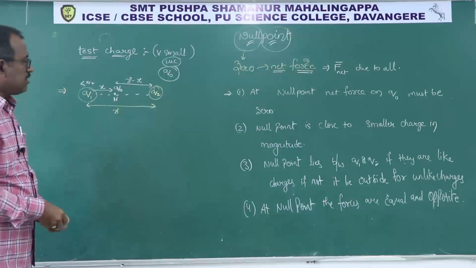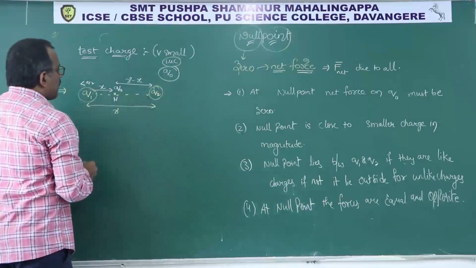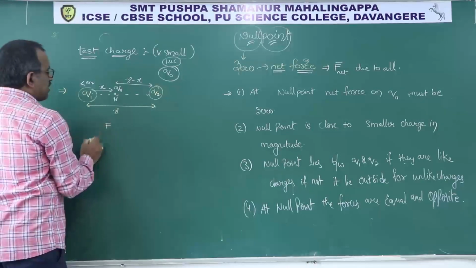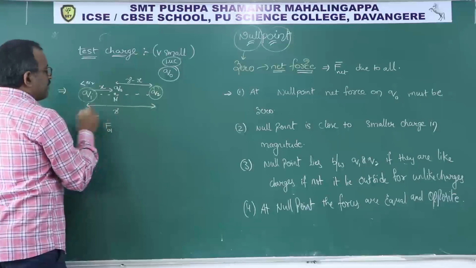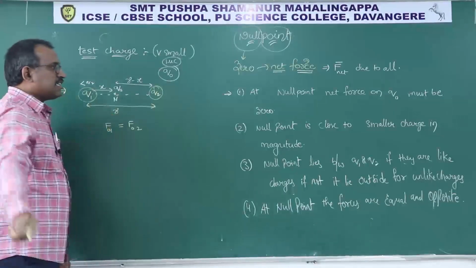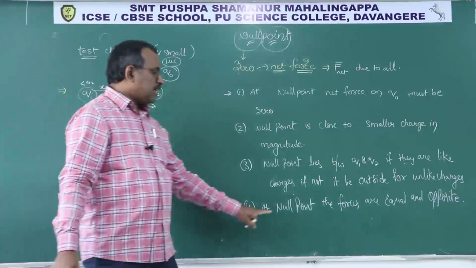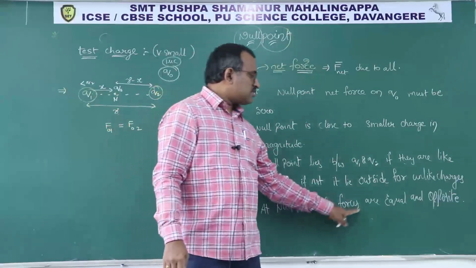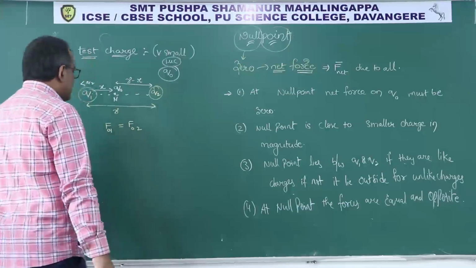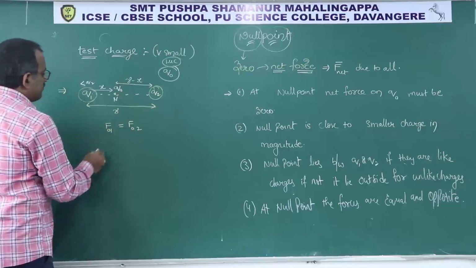Yes, of course. Now, if it is Q naught, what is the force acting on Q naught by 1? And that should be equal to force acting on Q naught by 2. As I discussed, the last point, at null point, forces are equal and opposite. They will get cancelled then only. What is F01?